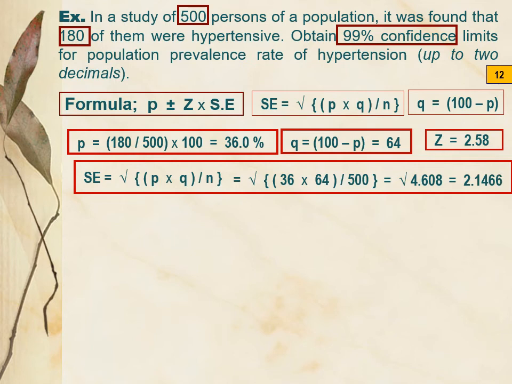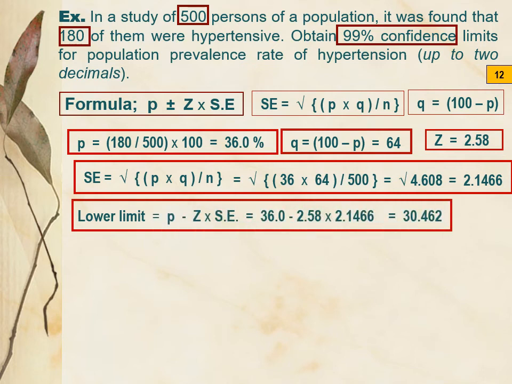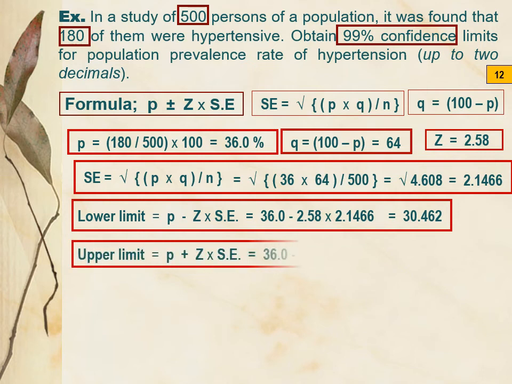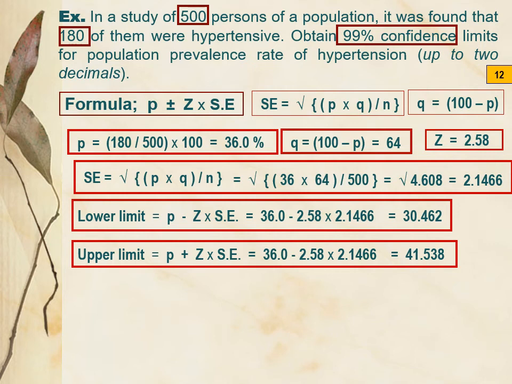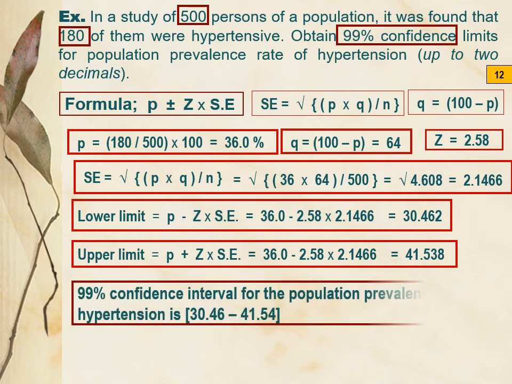P is your 36, and hence your lower limit will be P minus Z SE. It is 30.462, and the upper limit, add Z SE to the P, it is 41.538. That is the same as you did in the continuous variable for population mean.